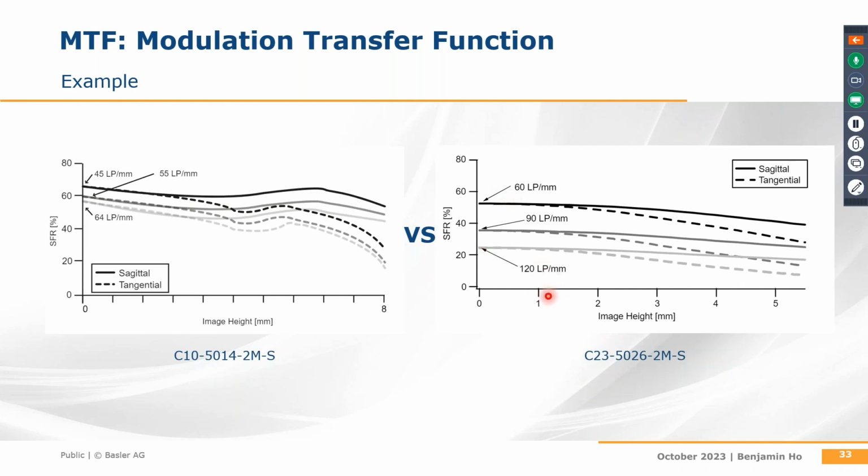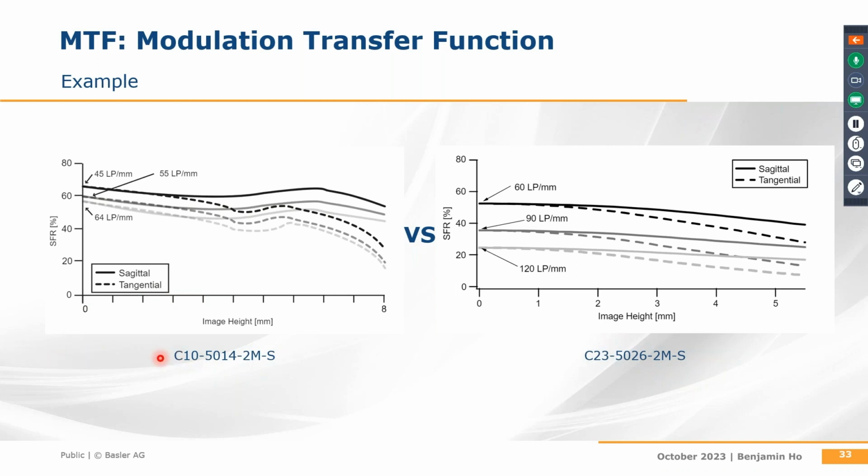However, does that mean the lens on the right is always the better lens? The answer is no. It always depends on the situation. When the resolution is crucial, using the lens on the right may be preferable. But when factors like brightness or cost effectiveness are more important than resolution, the lens on the left may be more suitable.